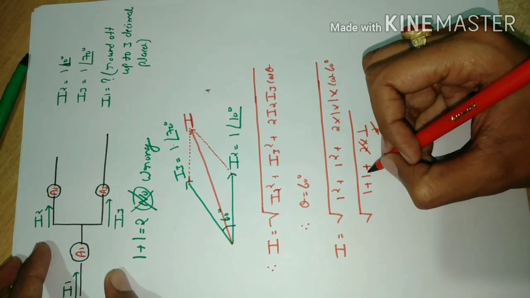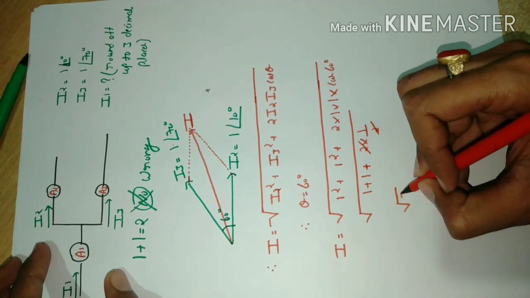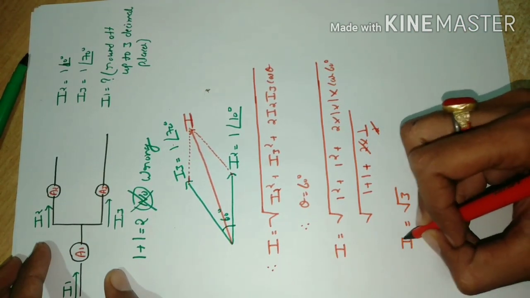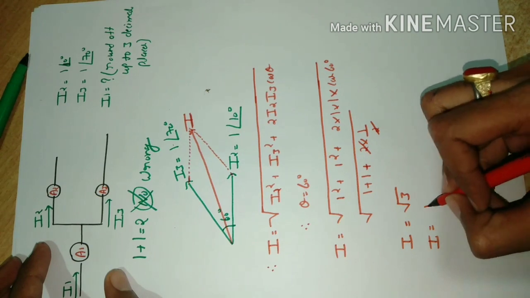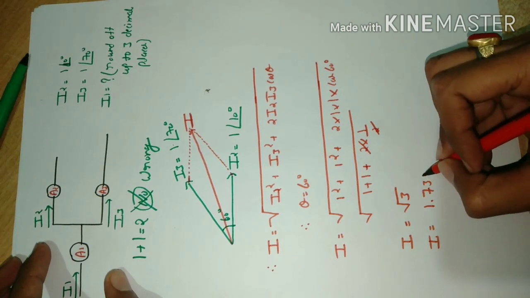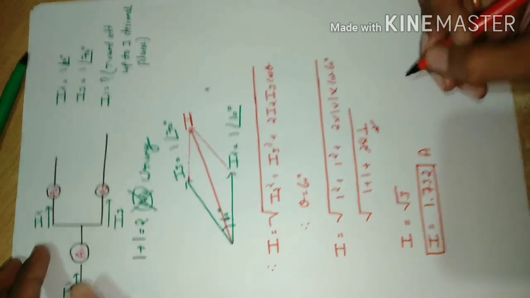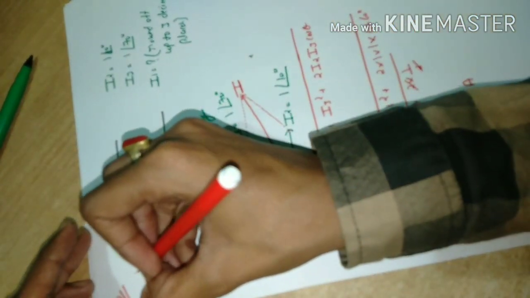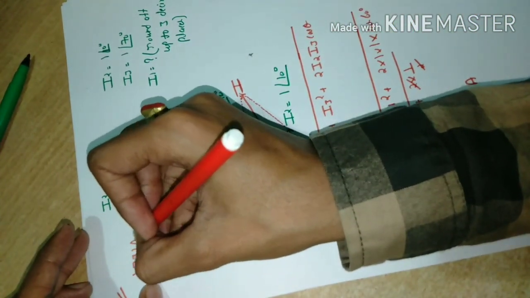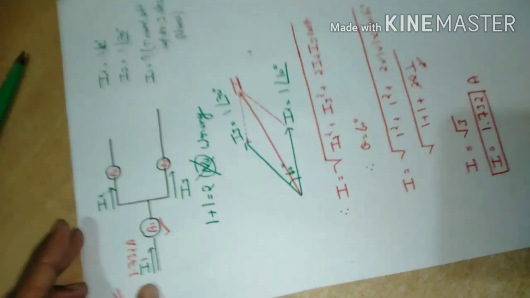So 1 plus 1 plus 1, we get under root 3. What is the value of under root 3? 1.732 ampere flowing through the ammeter A1. So that's the answer.